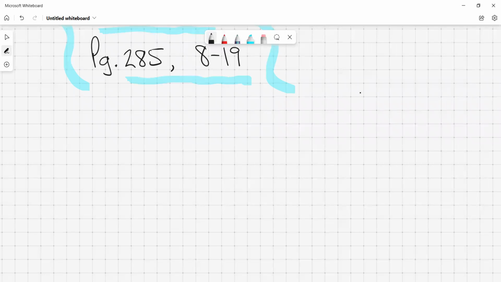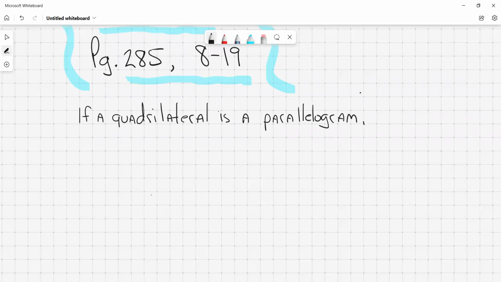So if a quadrilateral is a parallelogram, we got two more rules that you're gonna work with today.